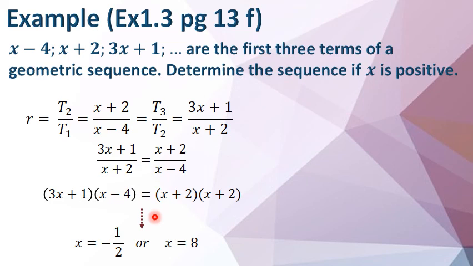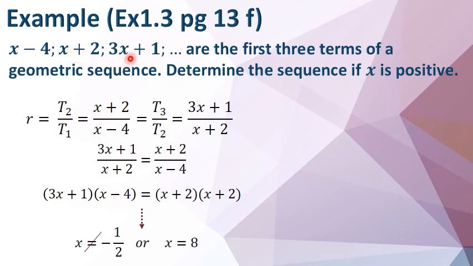And I hope you got the same as me, that x equals negative a half or x equals 8. Now remember, the question said determine the sequence if x is positive, so we can ignore the negative a half solution and we can just work with 8. Now you may be wondering, what the heck do they actually mean when they say determine the sequence?